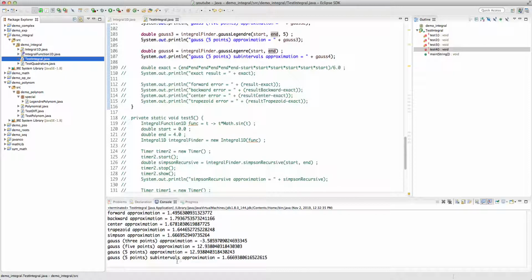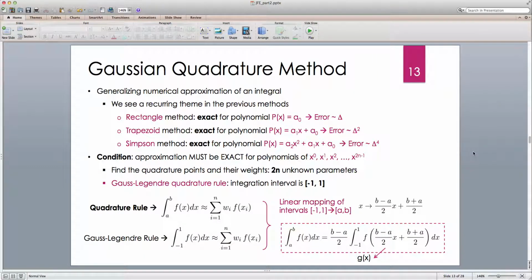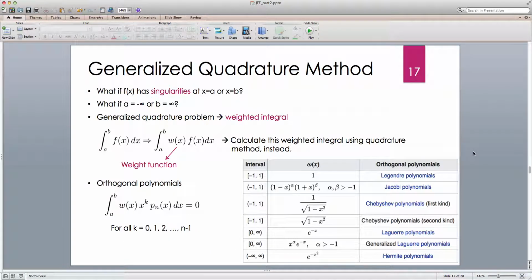Okay, so the last thing that we're going to discuss on this topic is the other types of quadrature. So we can generalize this quadrature concept, and the reason is that sometimes we have some integrals where the function f of x, even if I'm integrating over -1 to 1, might have some discontinuity at one of the two ends. It has some singularity, right?